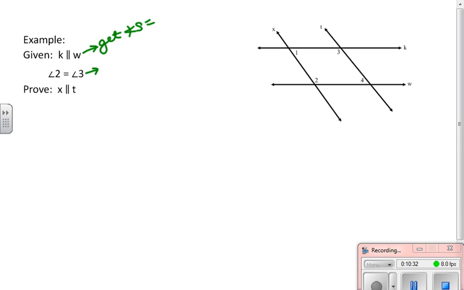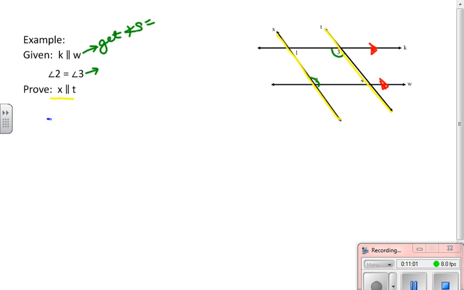If I know this, this might tell me something else about substitution or relationships. So we mark our picture, 2 equals 3. I want this, so I always like to mark it in yellow so I can see it. And then I know that these guys are parallel, so I'm going to clearly mark them parallel.